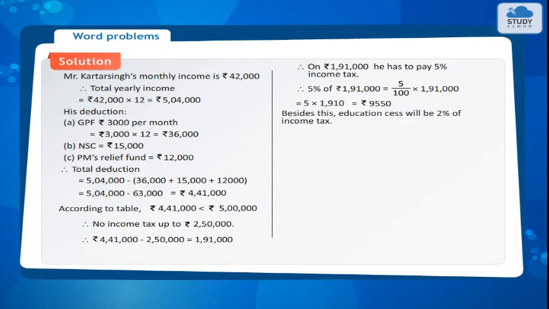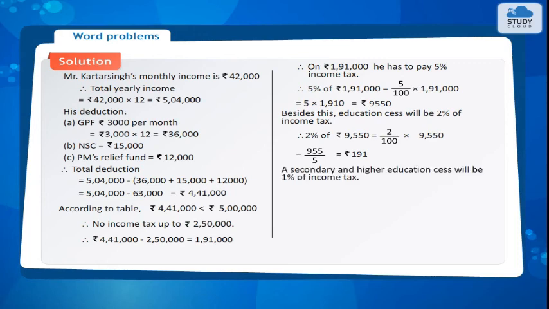Besides this, education cess will be 2% of income tax. Therefore, 2% of rupees 9,550 is equal to 2 upon 100 into 9,550 is equal to 955 upon 5 is equal to rupees 191.